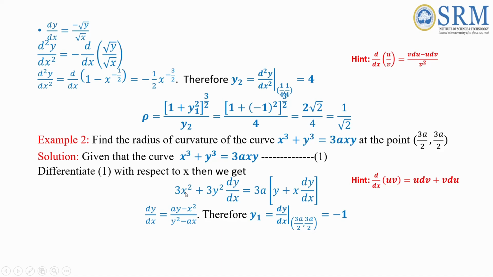Then it gives 3x square plus 3y square dy by dx equal to 3a into (y plus x into dy by dx). After rearranging this, we get dy by dx equal to (ay minus x square) upon (y square minus ax). And if you replace x equal to 3a by 2 and y equal to 3a by 2, then we get y1 equal to minus 1.